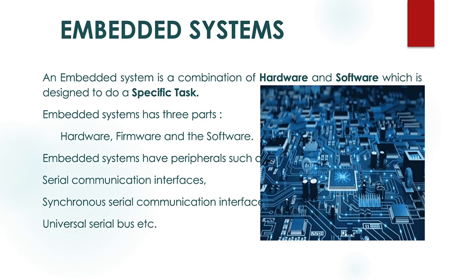In the next slide we have embedded system. What is an embedded system? It is a system which is formed to do a specific task, given that it has software and hardware. Basically, embedded systems have three parts: hardware, firmware and software.